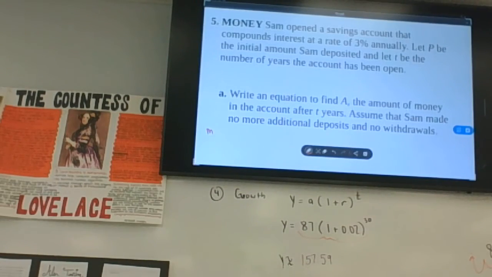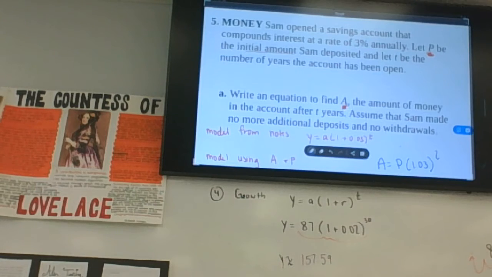Okay, so if you use the model from notes, this problem wants you to use a capital A for the account money, a capital P for the initial amount. So it's just kind of challenging you to use the different variables. So the equation you should be writing is A equals P times 1.03 to the T.